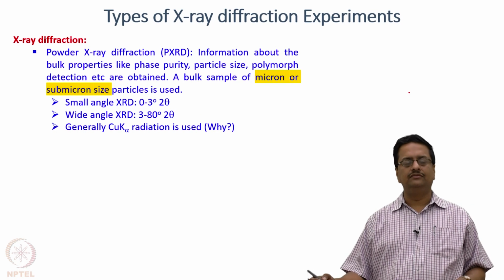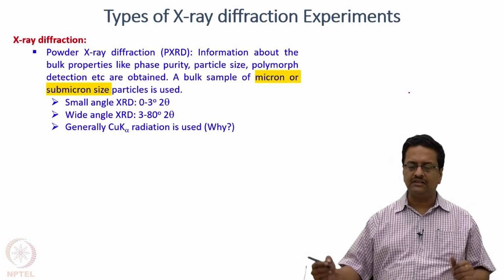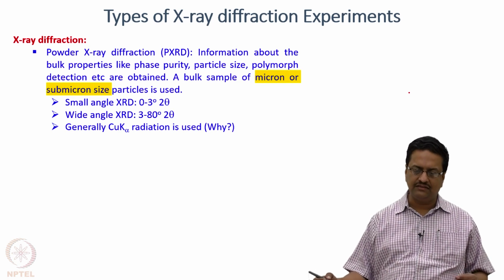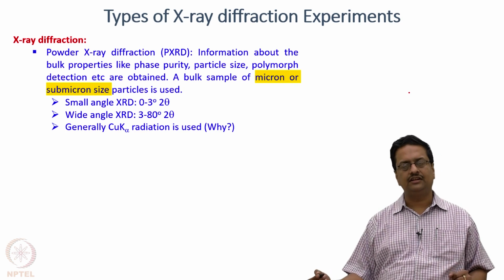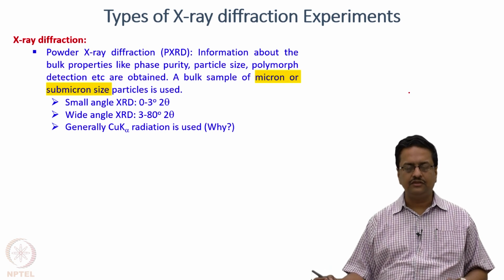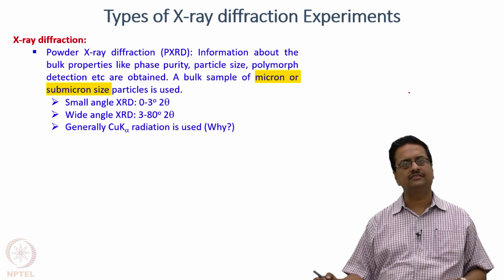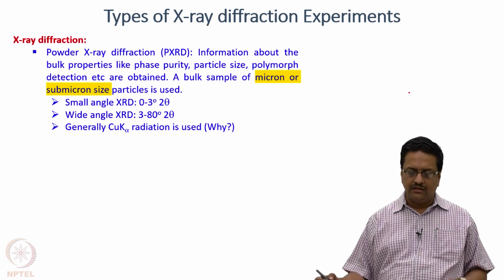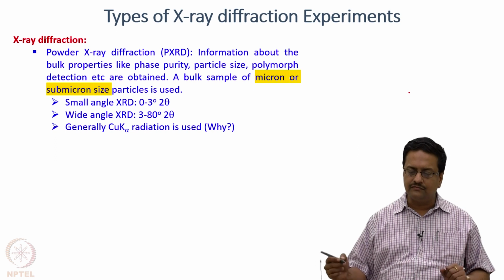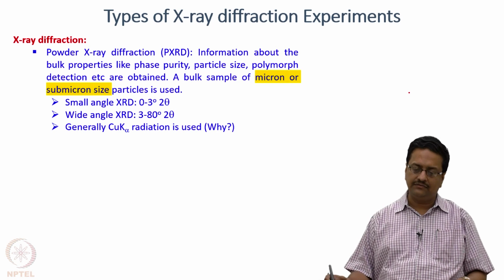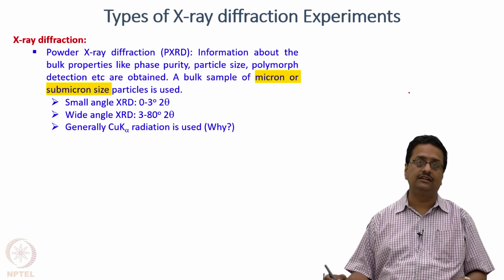So, using X-rays, what are the different types of experiments that we can do? Suppose we have a powdered, bulk sample, a collection of particles of micron or submicron size. To analyze such samples, we can apply the powder X-ray diffraction method. This powder X-ray diffraction is divided into two different types: small angle X-ray diffraction and wide angle X-ray diffraction.